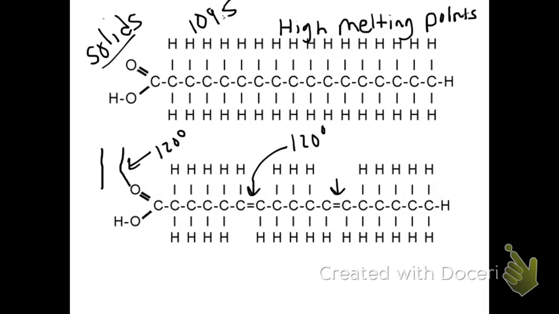Now what this does is it reduces the packing of the unsaturated fatty acids. They can't pack as tightly around each other. So the intermolecular forces, specifically the van der Waals forces, are weaker for unsaturated than for saturated fatty acids. Therefore, they're going to have lower melting points.